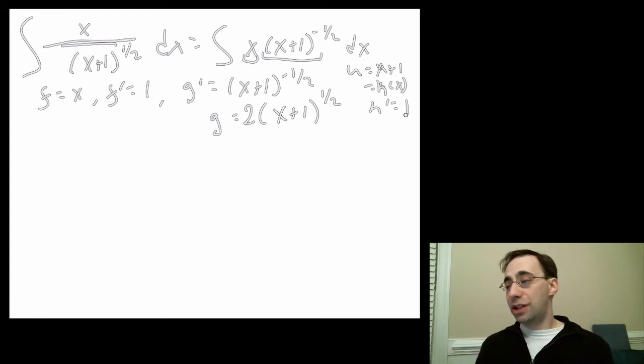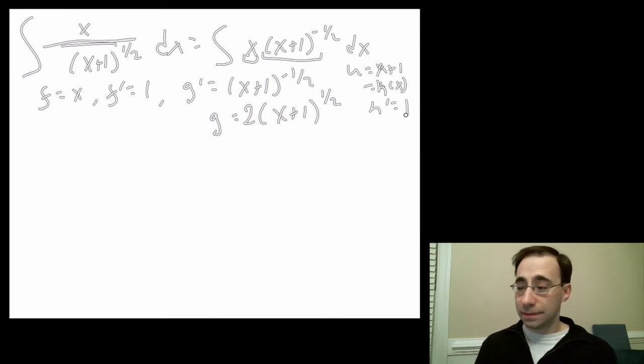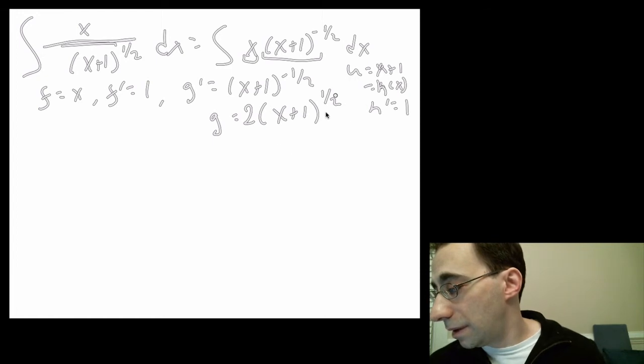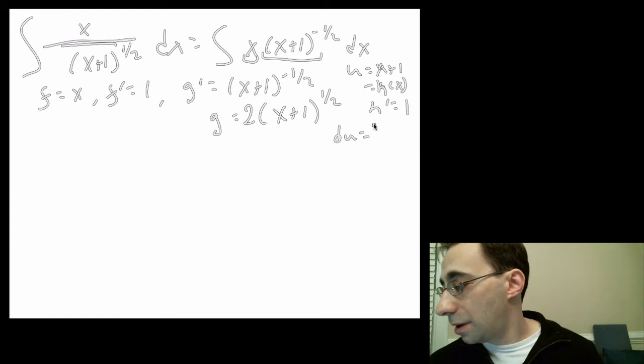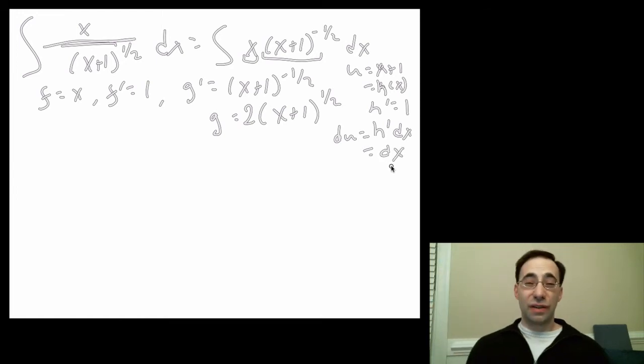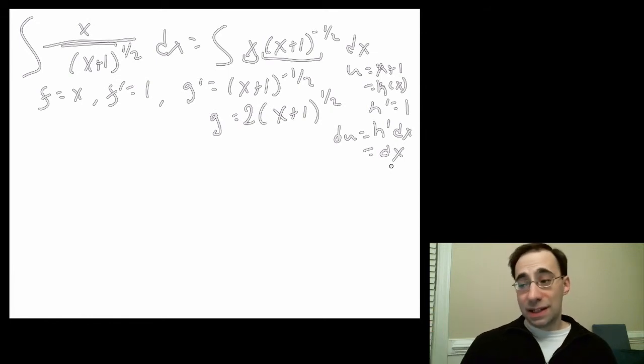The d changing from dx to du has no effect in the slightest because the derivative of that h there is 1. A little slower, if u equals x plus 1, then du is going to equal h prime dx, but h prime is 1, so du equals dx, and therefore changing variables has no effect on anything in the integral. The upshot being we can actually figure out this integral as is.